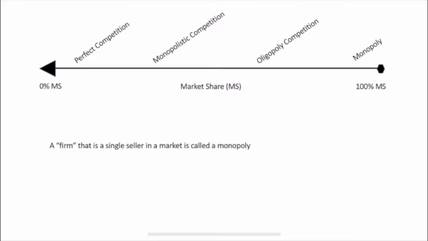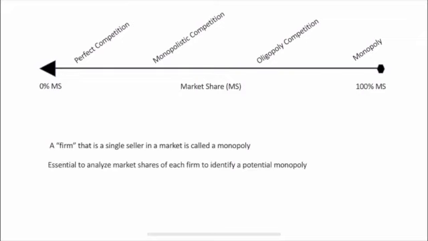Now monopoly is a firm that is a single seller in a market. And a monopoly is best identified based on the market share of each firm. Now, the closer a firm moves toward 100% of the market, the closer that firm will move toward a monopoly. However, the closer all firms move toward earning 0% of the market share, the closer that market is to perfect competition.